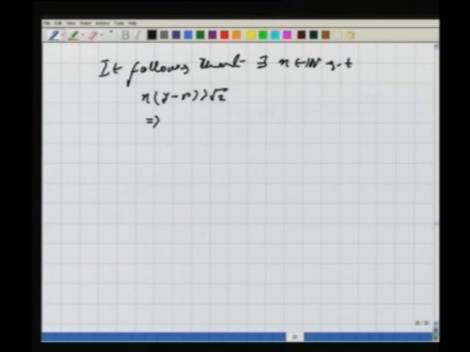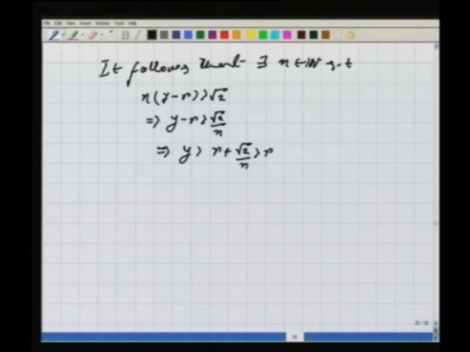This implies that y minus r is strictly bigger than root 2 divided by n. This also implies that y is strictly bigger than r plus root 2 by n. And notice that root 2 by n is a positive number. That means r plus root 2 by n is strictly bigger than r.